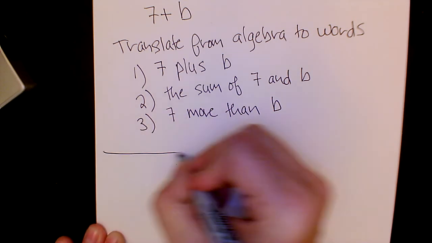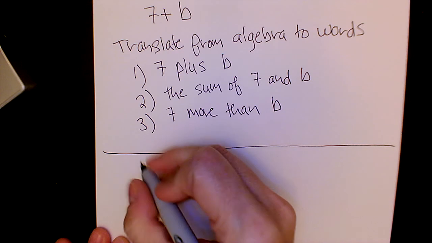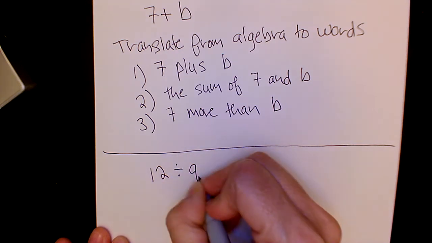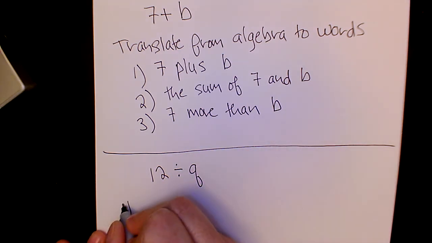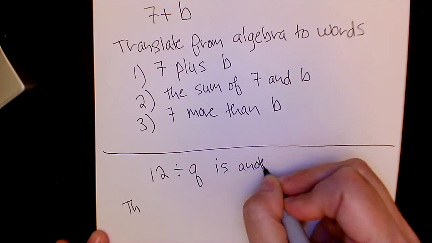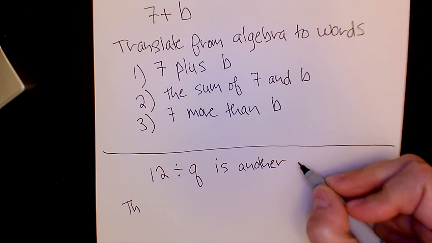Let's say we had 12 divided by q. That's another expression because I've got constants, variables, and an operation.